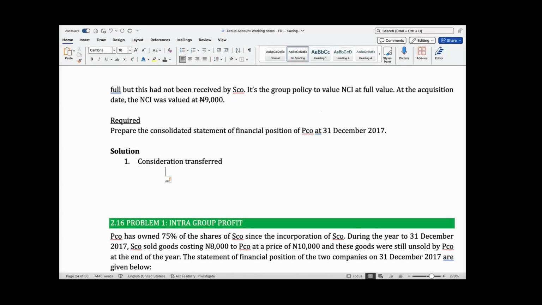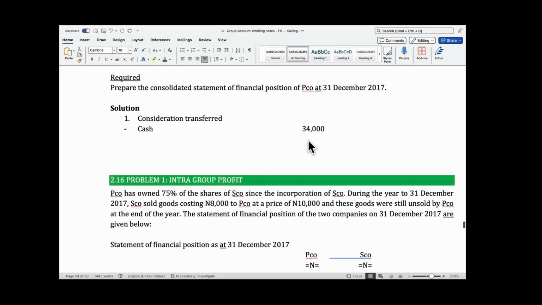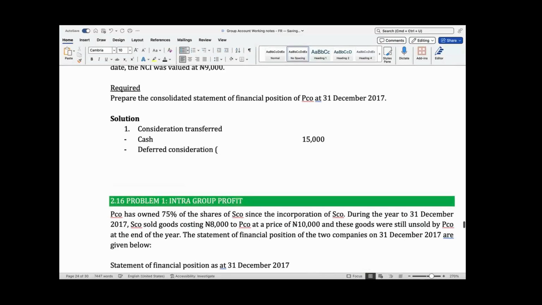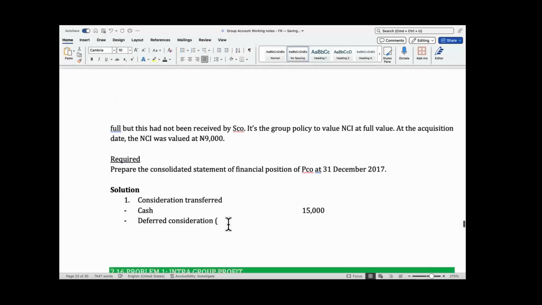There is a cash payment of, I think, 15. And there is a deferred consideration of 5,000.